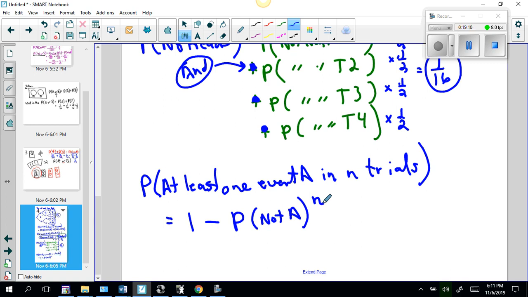So bottom line, what they're doing is giving you this really cool formula to do problems very similar to this. So here we go.